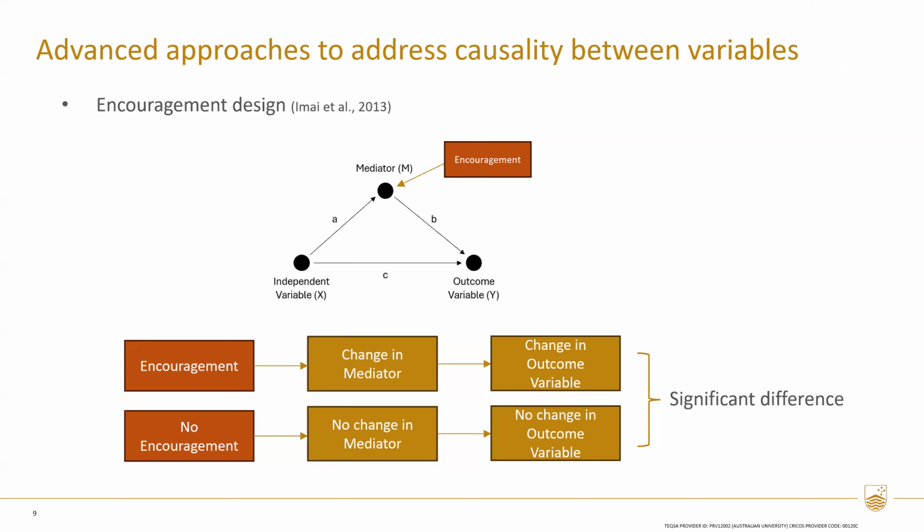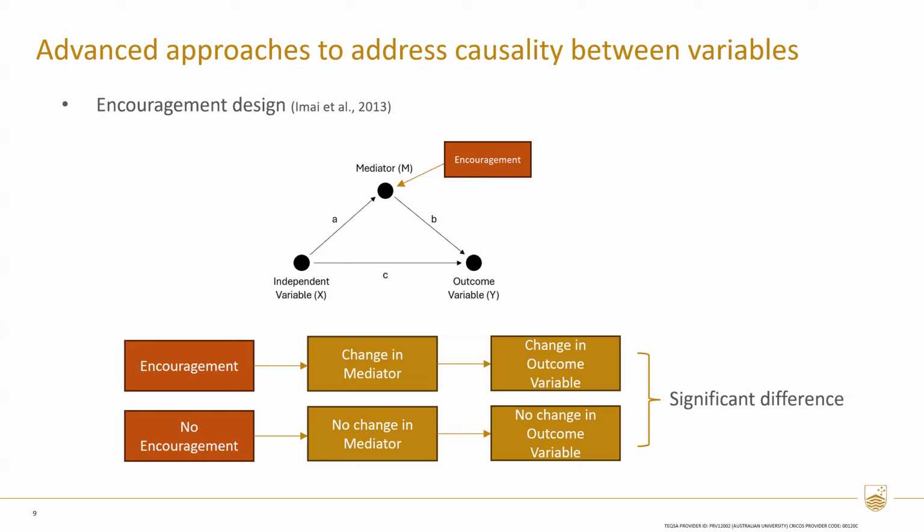And thus, by assuming the causality between the mediator and outcome variables, we should expect that there is a change in the outcome variables under the encouragement condition, and no change in the outcomes under the no encouragement condition. This could lead to a significant difference between the two conditions, which gives us a chance to test if the mediator has an effect on the outcome variables.